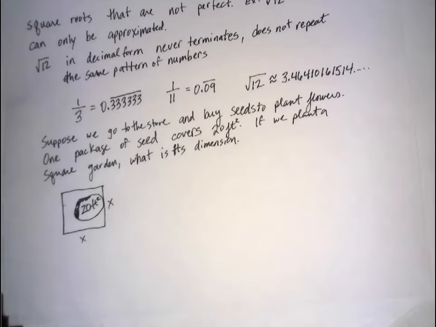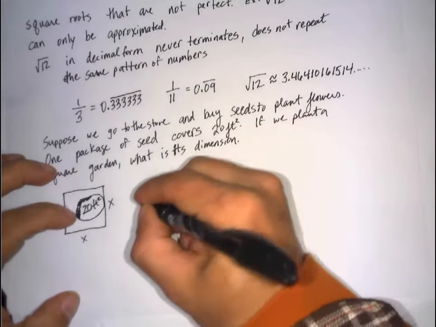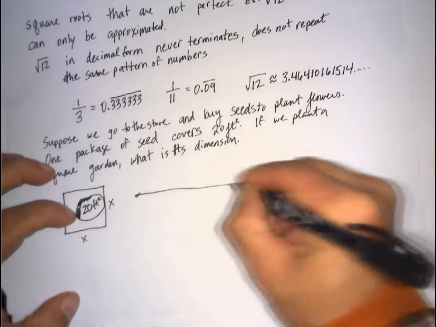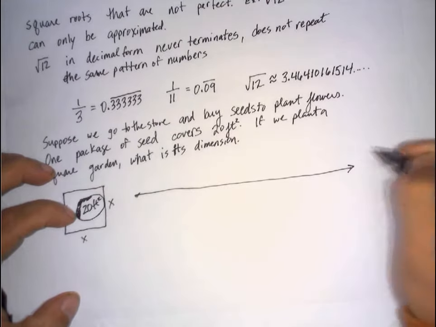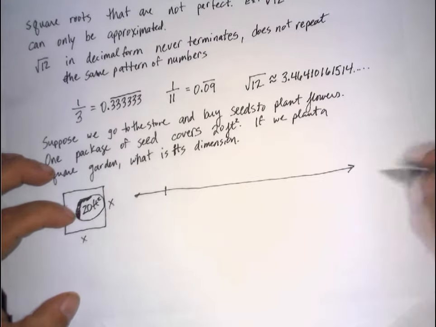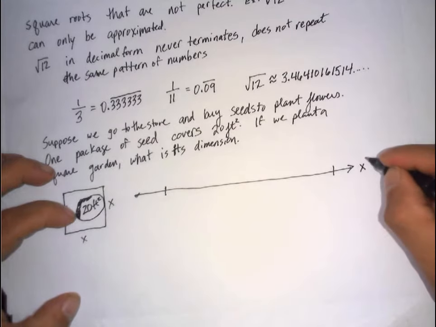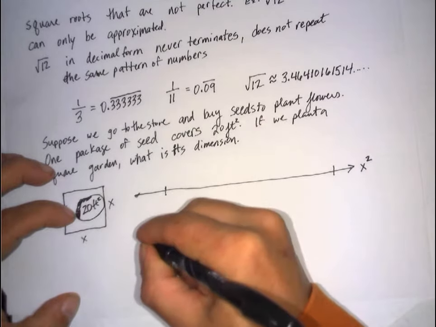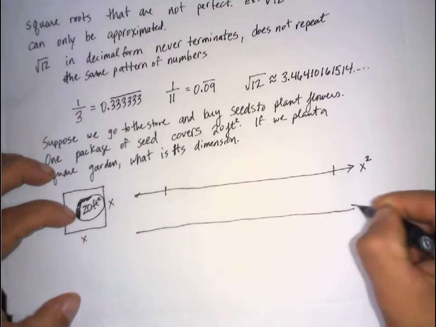To figure this out, we're going to approximate the square root on a line here. The top is going to be the square and the bottom is going to be x.